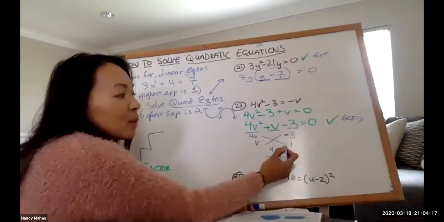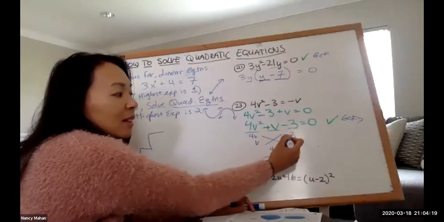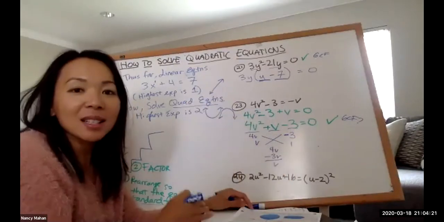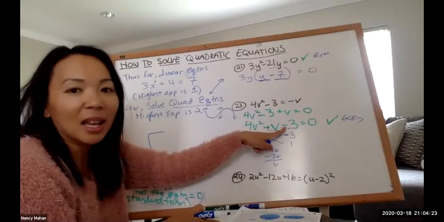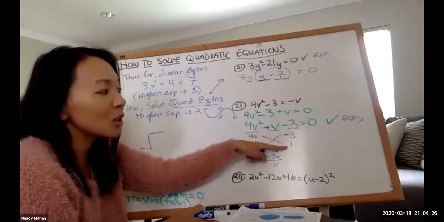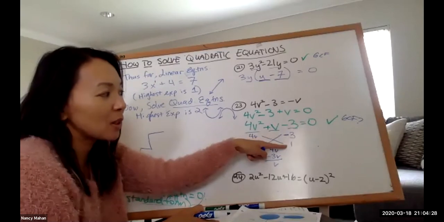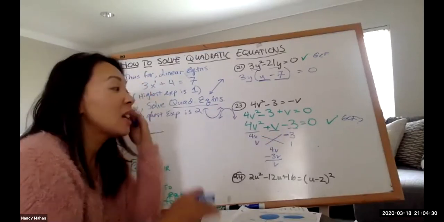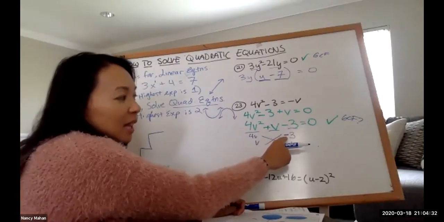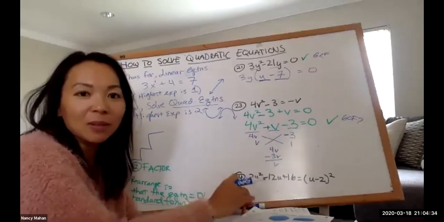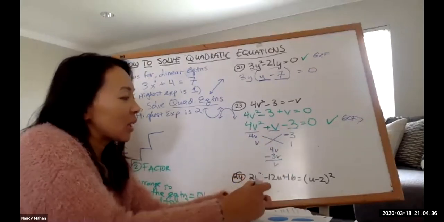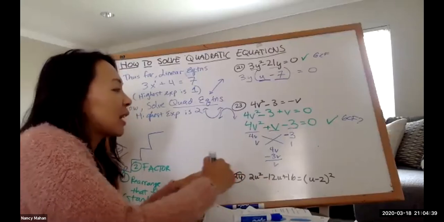So 4v times 1 is 4v. v times negative 3 gives me negative 3v. And that's exactly what I want because I see that there's a negative 3 here. I knew that there was going to be a negative either in the first one or the second one. The question is which one? And it was this one. So a negative 3 times 1 gives me a negative 3v. So a negative 3. So these are my winner, winner, chicken dinner answers.